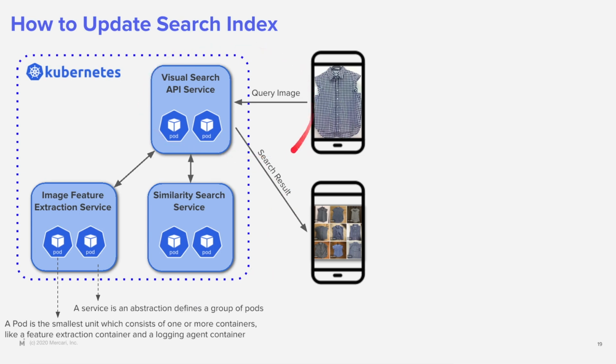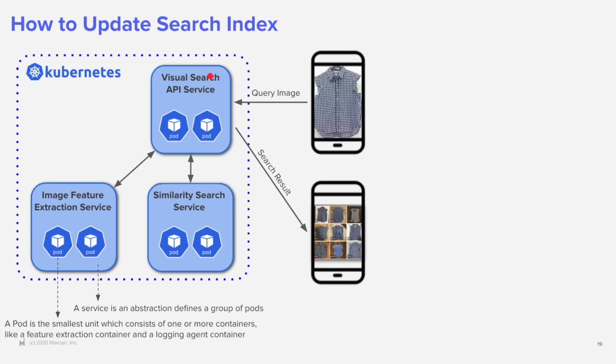Visual Search API service receives a query image. Feature Extraction service returns a feature vector representation of the query image. Similarity Search service retrieves similar vectors to the query vector. And the Visual Search API service returns the result.